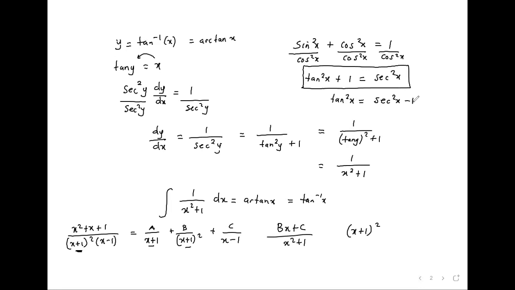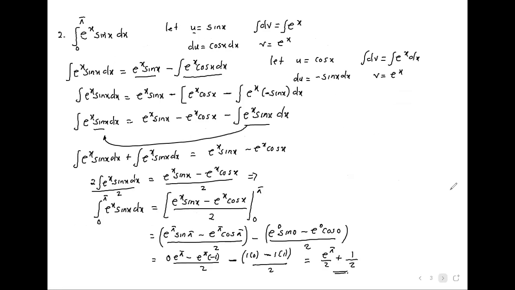And we know that the derivative of tan is sec squared. So the integral of sec squared is obviously tan x. So what we'll do is we'll change this. Say, okay, we don't want to integrate you in this form. We'll change you to sec squared x minus 1 dx. And then split from 0 to pi over 4.